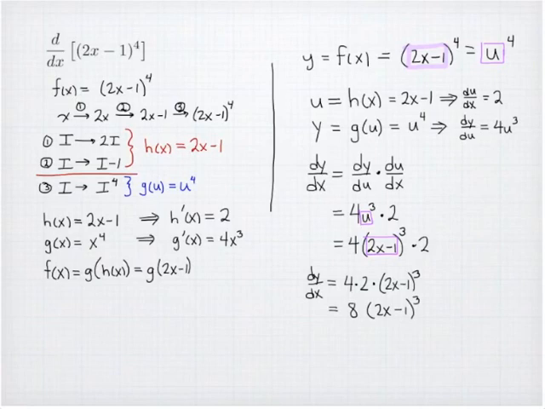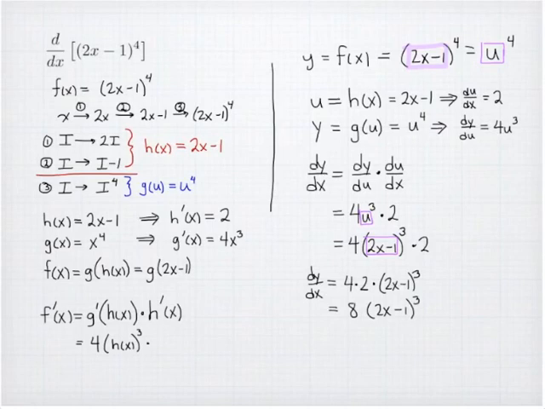In the language of the function chain rule, what we've done is we've said f prime of x is g prime evaluated at h of x, times h prime of x, where g prime is this function that cubes the input and multiplies by 4. So we will cube the input and multiply by 4.